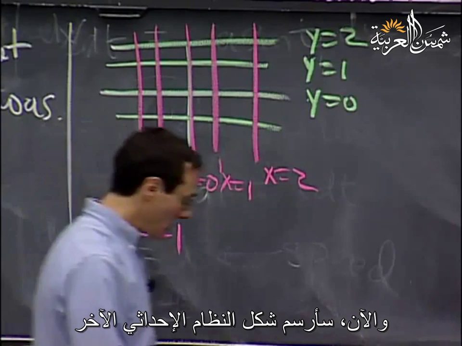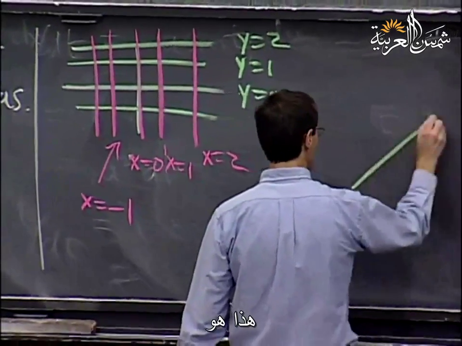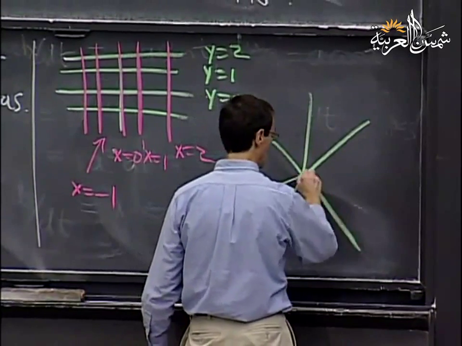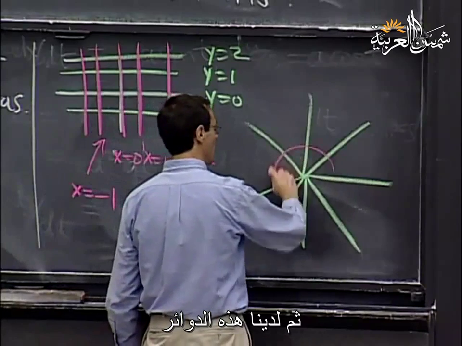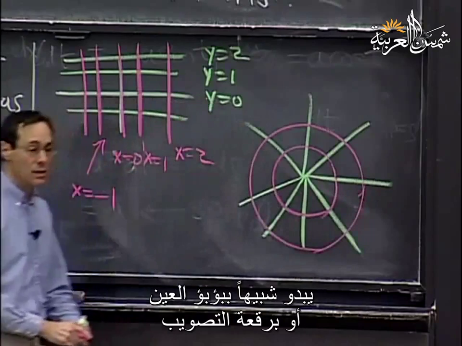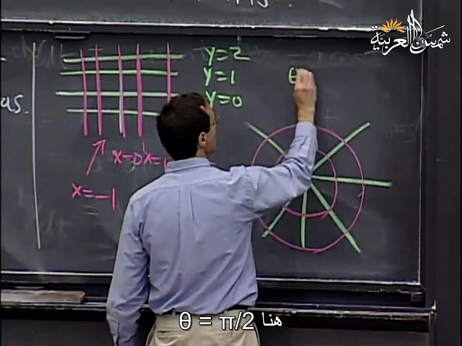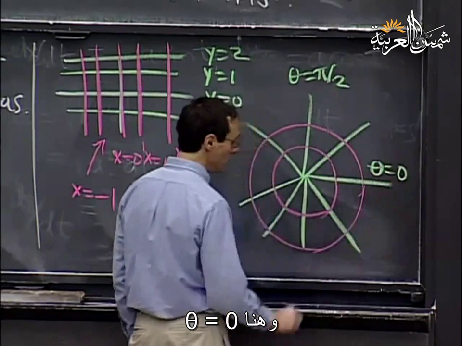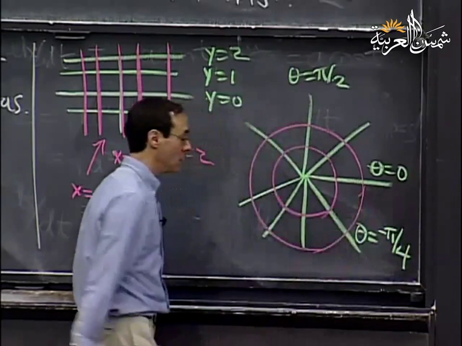And now I should draw the other coordinate system that we have, which is this guy here. Well, close enough. And these guys here. Kind of this bullseye or target operation. And this one is, say, theta equals pi over 2. This is theta equals 0. This is theta equals negative pi over 4, for instance.